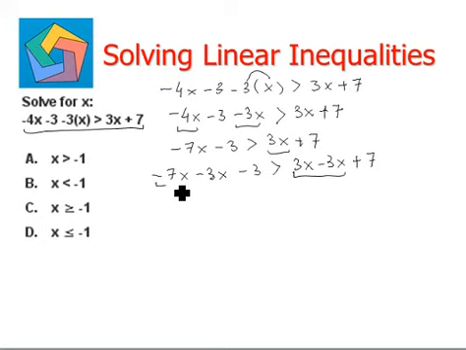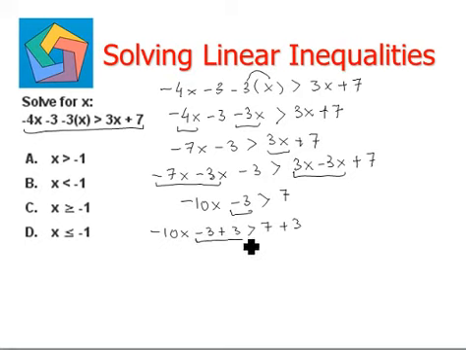This is negative 10x minus 3 is greater than 7. Now we take the negative 3 to the other side. For this we add 3 to both sides. So this part becomes 0. We have negative 10x is greater than 10.